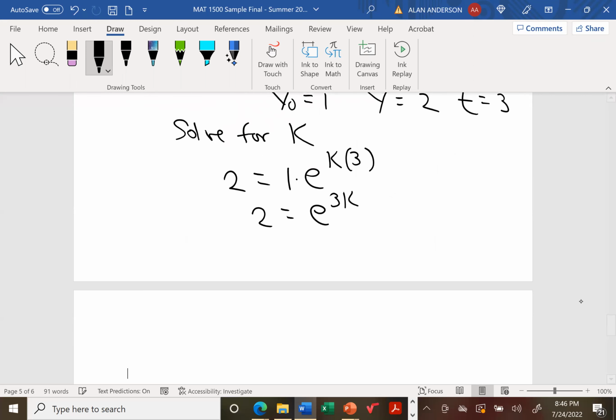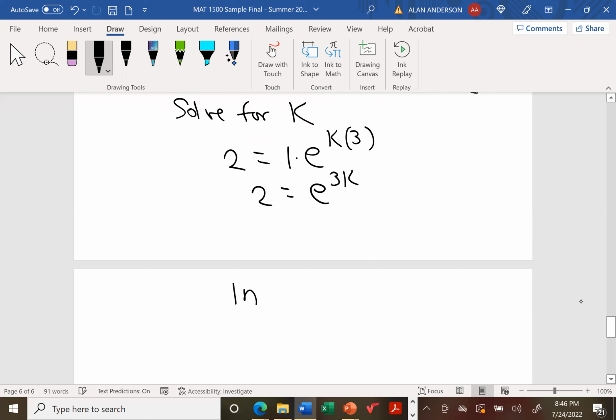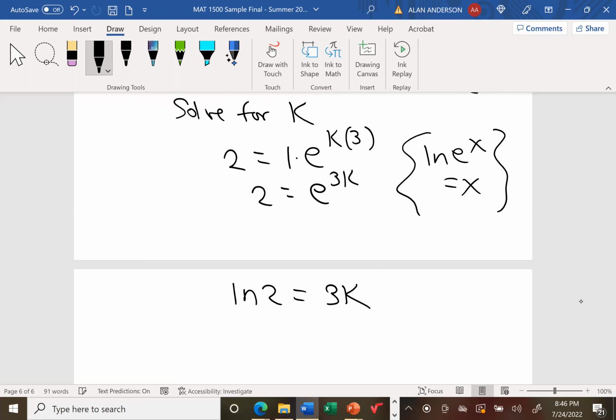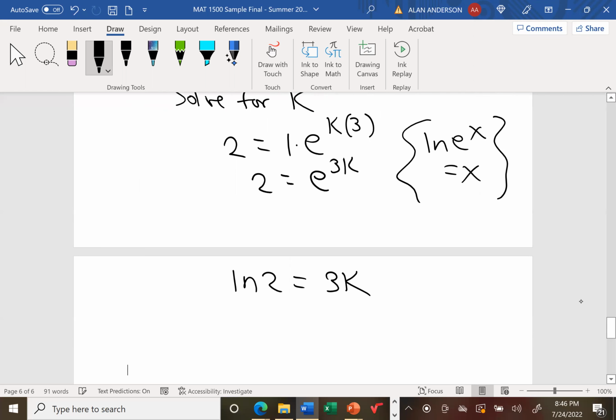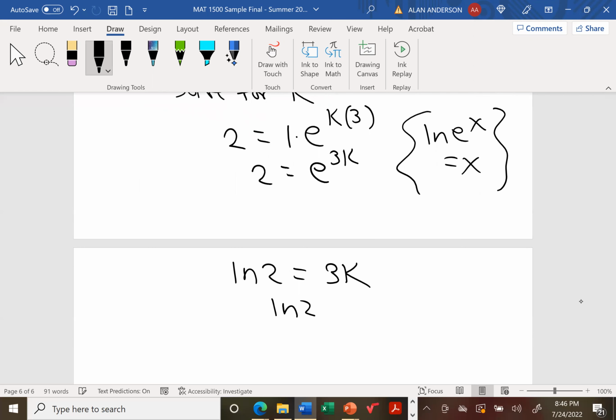But we will need logarithms, of course. Remember, so we divide both sides by 3. And so the growth rate is log 2 over 3.